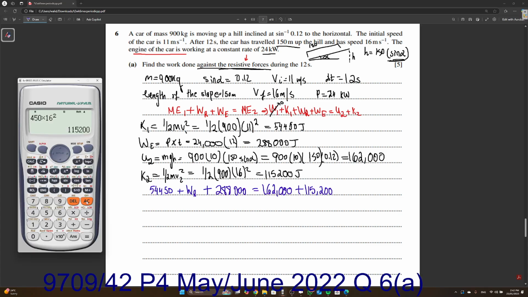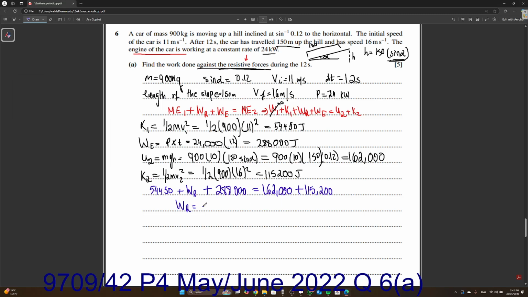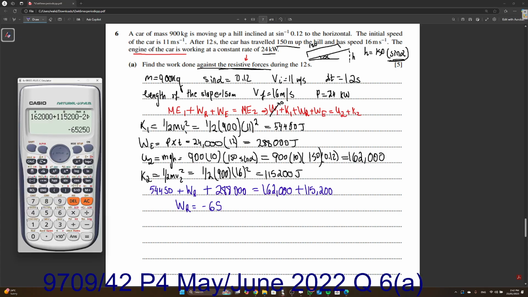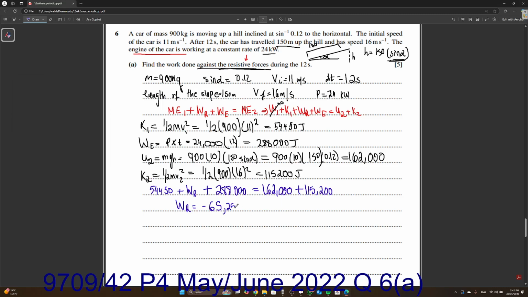Let's solve this equation. You're going to do 162,000 plus 115,200 subtracted by 288,000 subtracted by 54,450, and you should get that the work done by the resistive force is equal to negative 65,250 joules. Are we done?